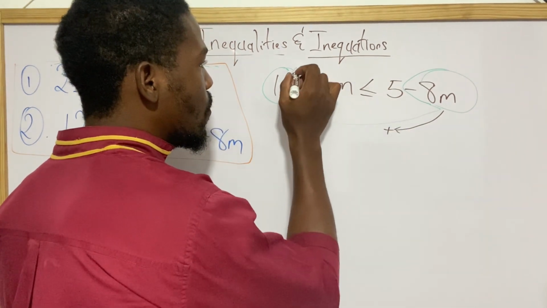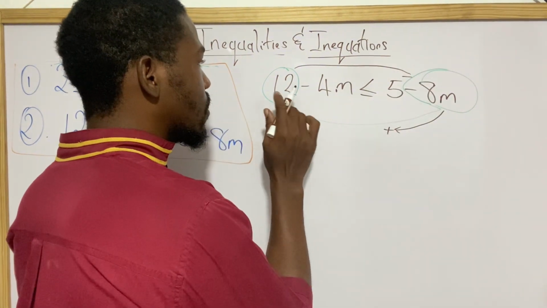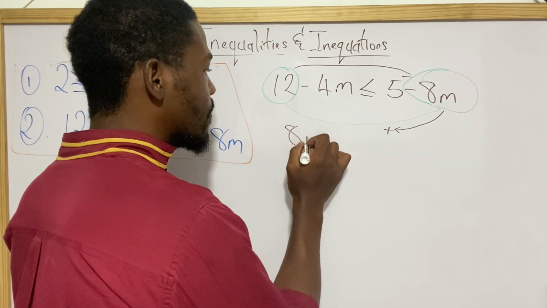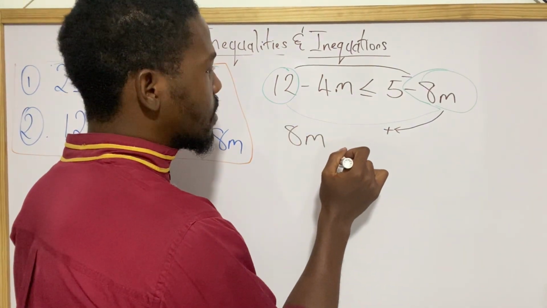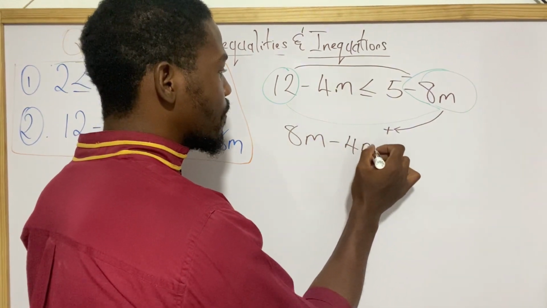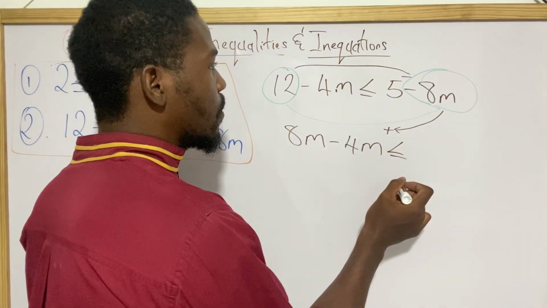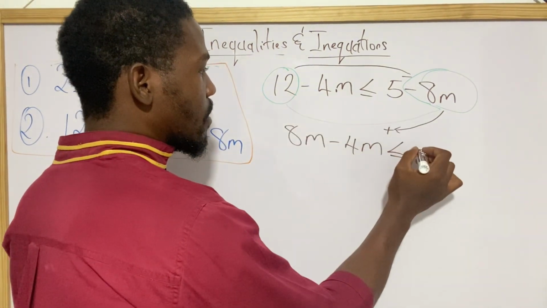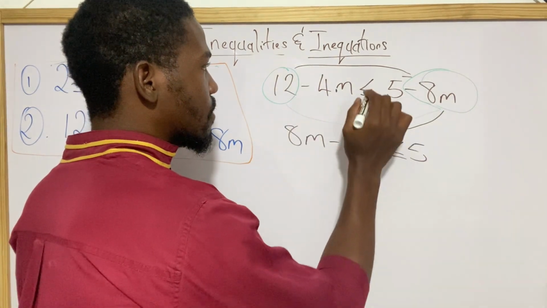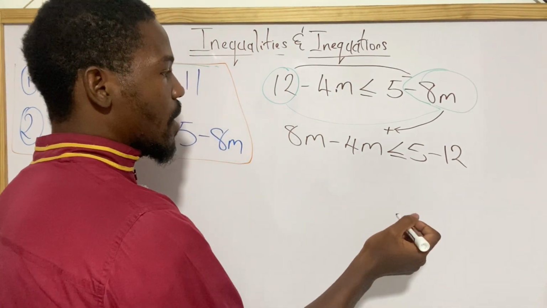This is going to come over as a negative. So this 8m is going to become positive 8m, right? And I'm saying minus 4m is less than or equal to this. Now I'm going to keep my 5 right there. This is now going to become a negative, as I said before, negative 12, right?